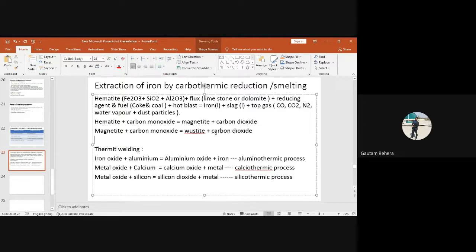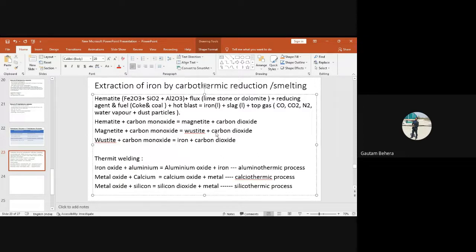Again, what happened? Wustite reacts with carbon monoxide to give you iron plus carbon dioxide, or another reaction may happen. This wustite may react with carbon directly at high temperature. Solid carbon at high temperature will give you iron plus carbon monoxide.